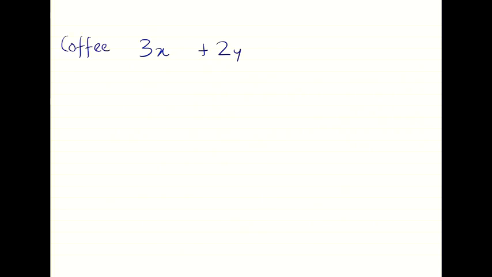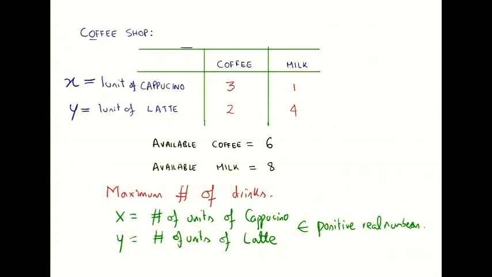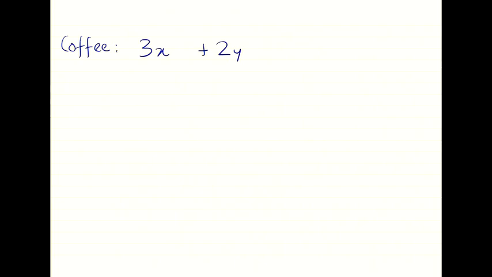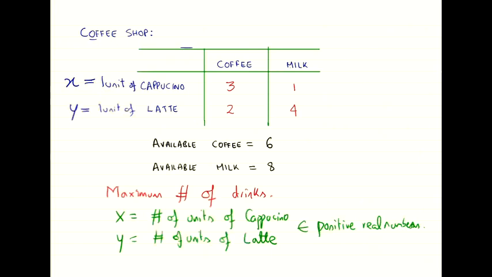This is how much coffee you need to make x units of cappuccino and y units of latte. And this has to be less than the total amount of coffee that you have, which is 6.